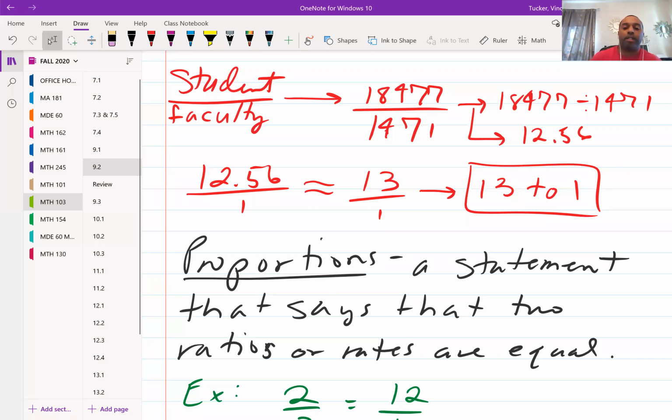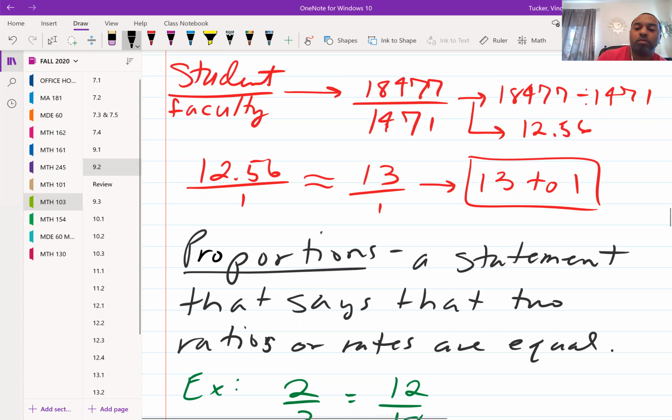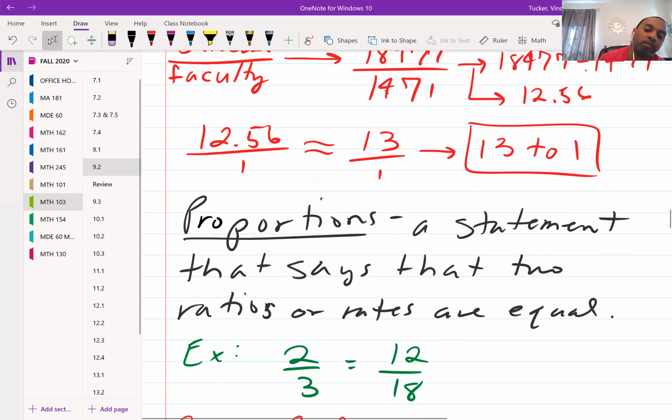It's a statement that says that two ratios or rates are equal. So 2/3 is equal to 12 over 18. So that is a proportion. You have two fractions, two ratios or two rates that are set equal to each other.